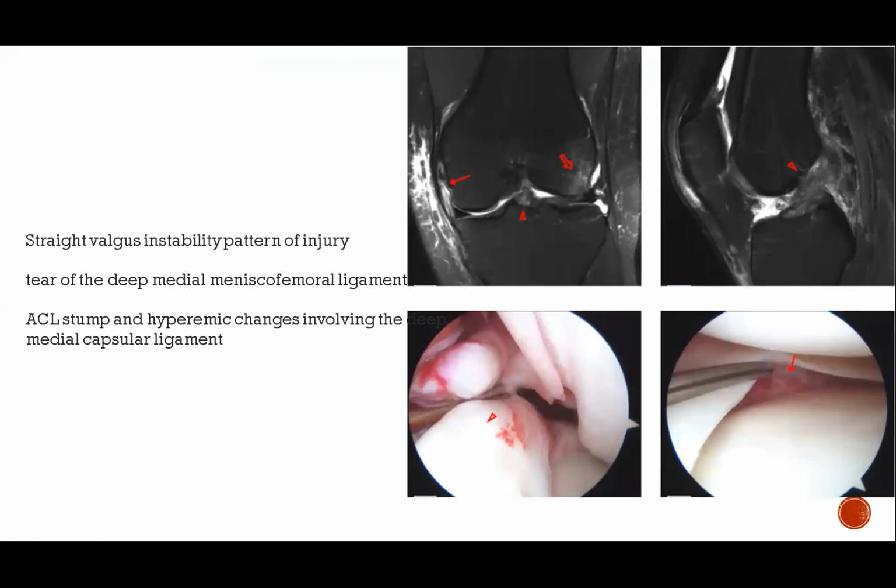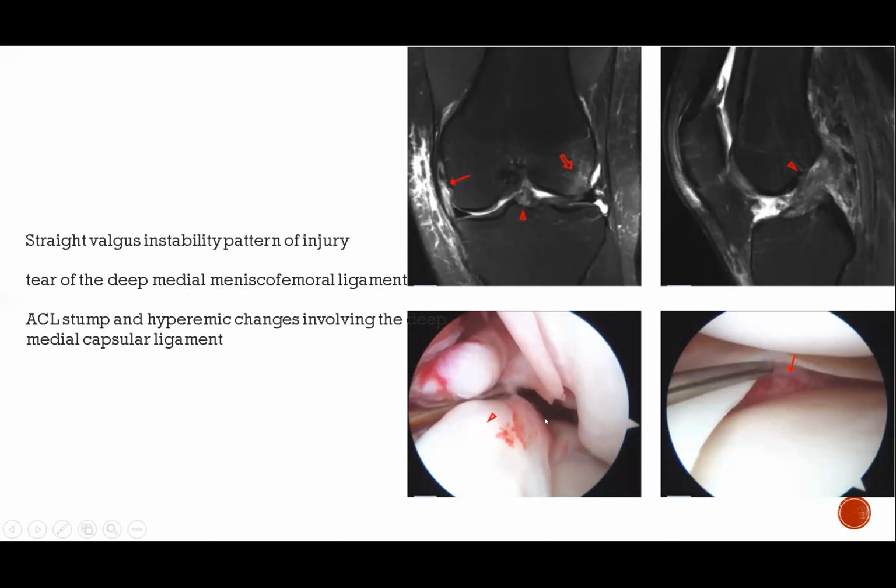Now, identifying straight valgus instability. We can see the tear of the deep MCL here, this whitish structure, and there is absence of the ACL in the sagittal section. In the arthroscopy view, there is an ACL tear, also hyperemic changes involving the posteromedial capsular ligament.